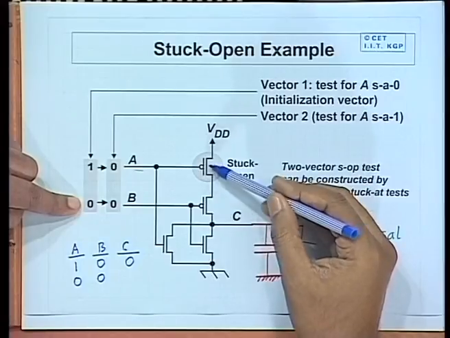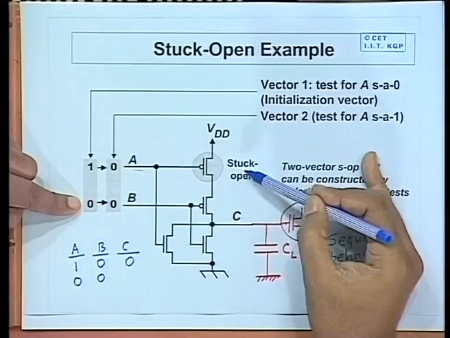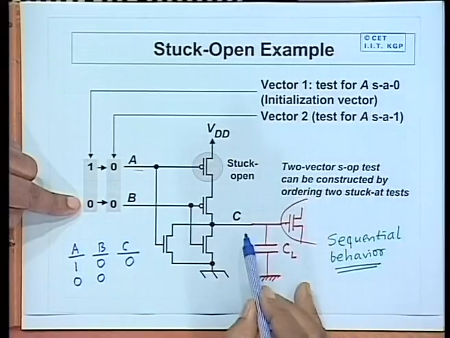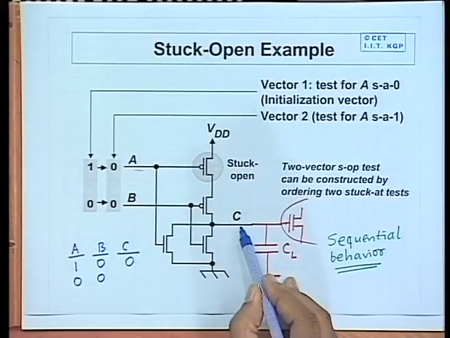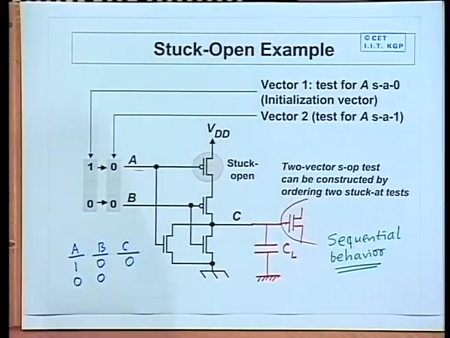Both the pull ups were supposed to conduct, but since this transistor has a stuck open fault, this is open. So, now this output line C is floating, it does not have a connection to ground nor a connection to VDD. So, current cannot flow.